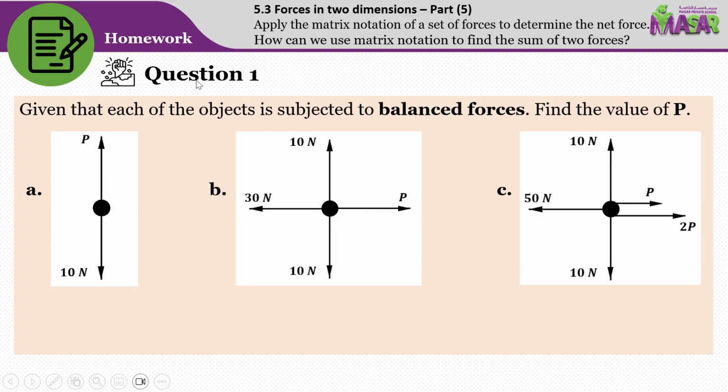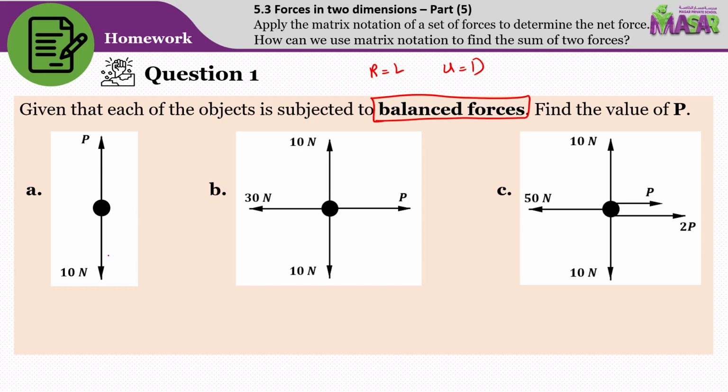Now let's start with the homework part. In question 1, they want me to find the value of P, knowing that all the cases are under balanced forces. So the forces here are balanced, which means balanced along the horizontal and the vertical, and we can use right equal left, up equal down.